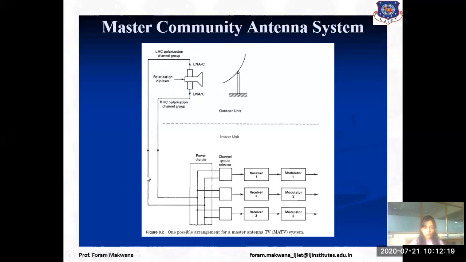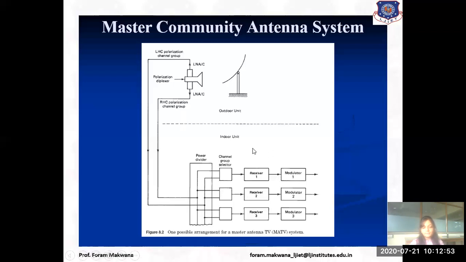The first block of the indoor unit is the power divider. With the help of this power divider, its outputs go to the channel group selector, because we are able to select the channel based on the requirements, and that group of channels is given to the receiver, as multiple receivers are receiving the channels.